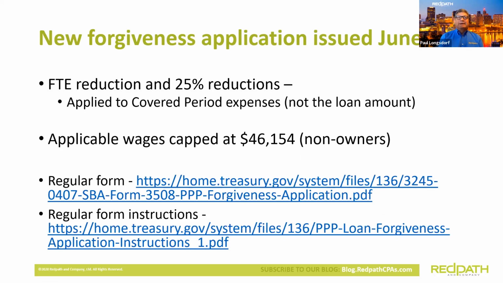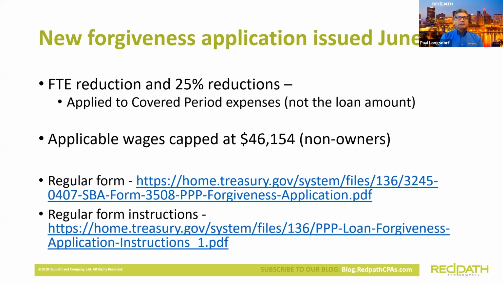The first is, I think everybody's aware there are some limitations or some reductions potentially in your qualifying expenses based on your full-time equivalents in your base periods as compared to in your covered period, and also if any individual's wages reduced more than 25% in the covered period as opposed to the base period. So there potentially are some reductions there.